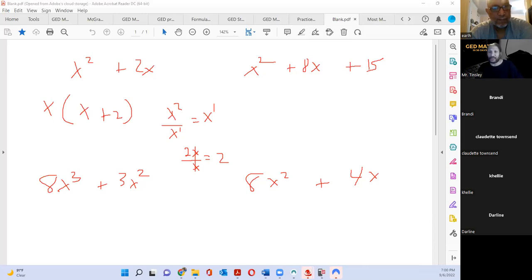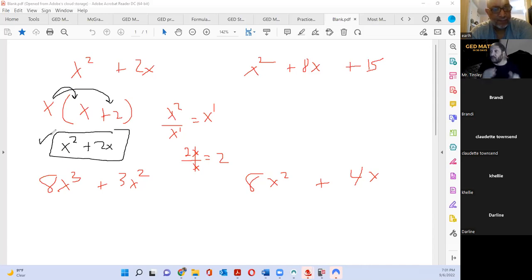Remember what Mr. Tinsley always said, always check your work. You go the opposite. So x times x is what? X squared. And then x times plus 2 is what? 2x. Did we get the same thing? Check. We know we factored that correctly.